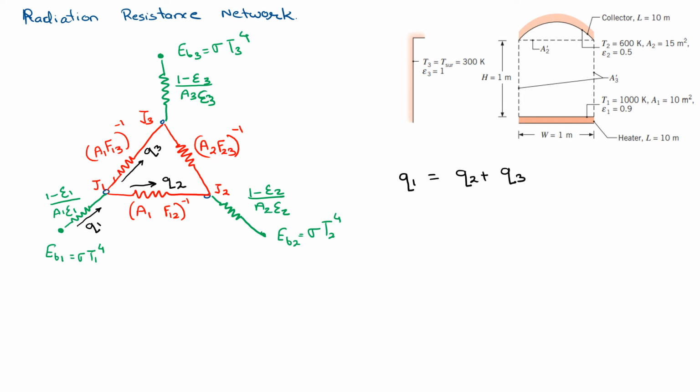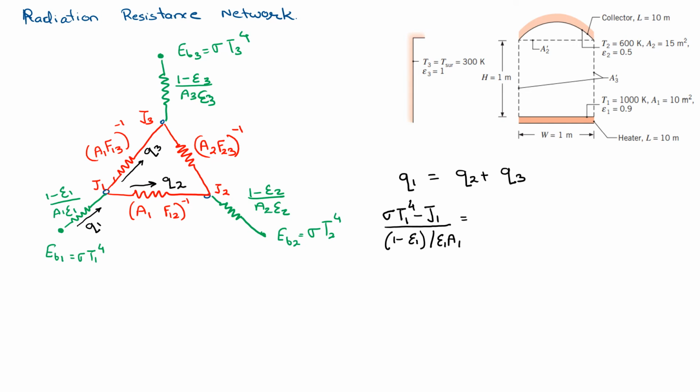Now what is Q1? Q1 is the potential difference between those two points, which is EB1, nothing but sigma T1 to the power 4, minus J1. These are our potentials, divided by the thermal resistance, which is (1 minus epsilon 1) divided by epsilon 1 times A1.